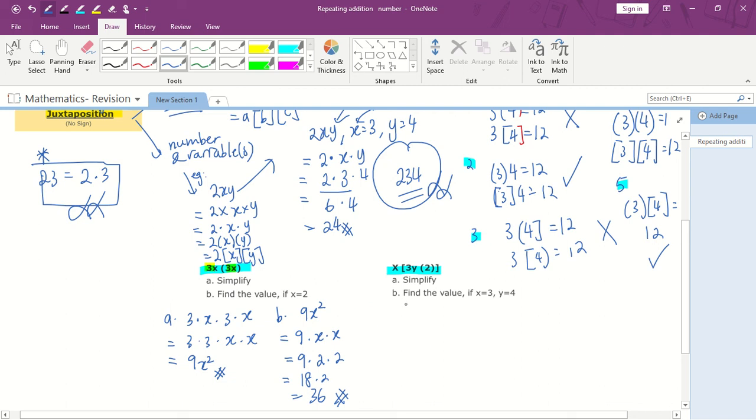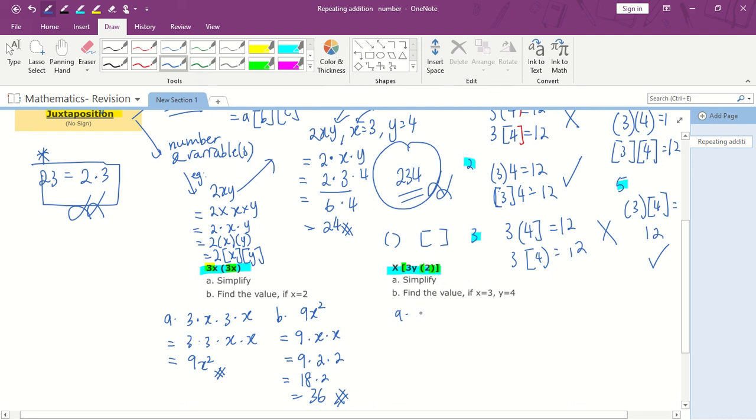And for this question, 3 bracket 3y parenthesis 2 then bracket. If you notice, parenthesis is being used, then bracket is being used. So usually when we use this, we use parenthesis first. If it's being used, then we use bracket. So A, x times 3y times 2.